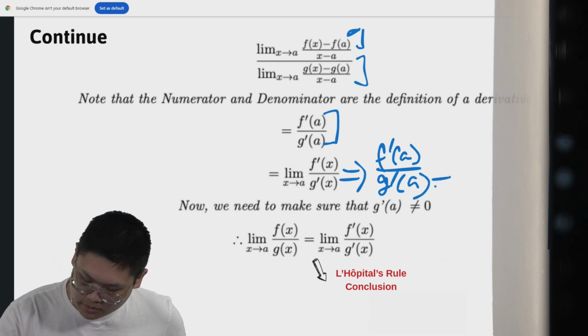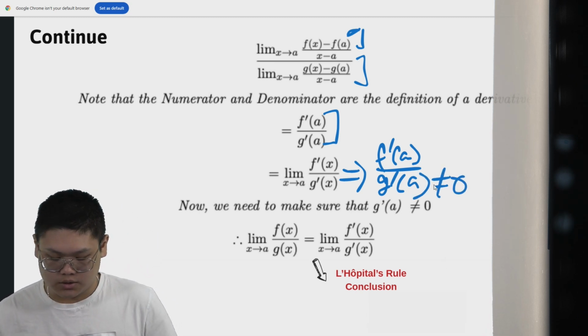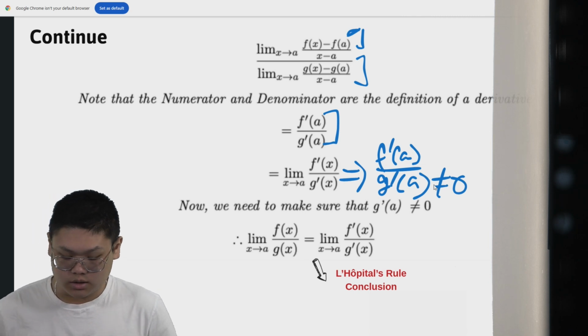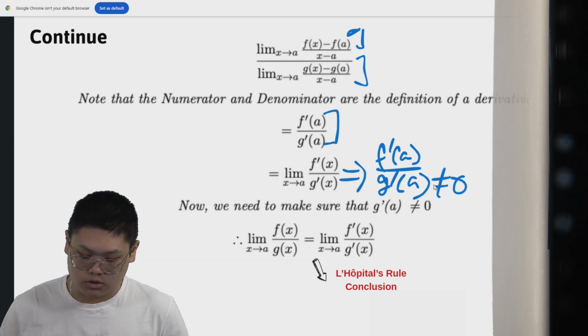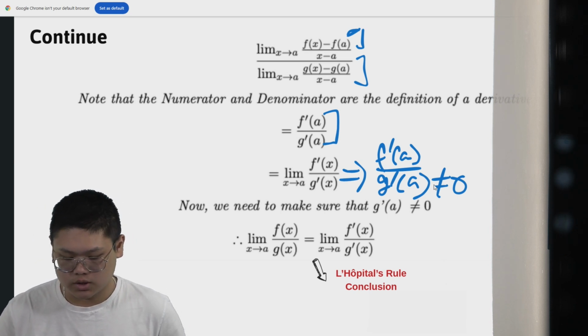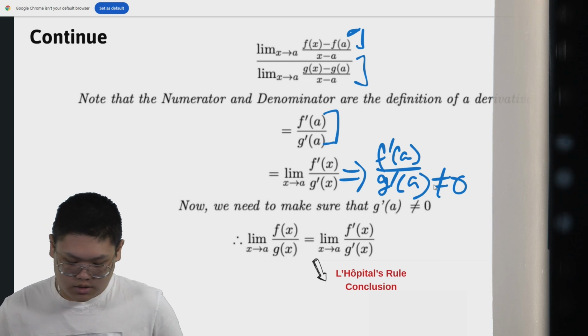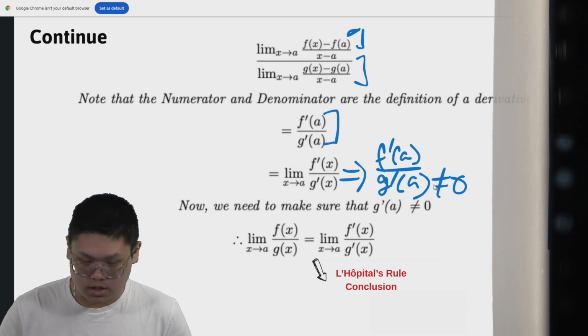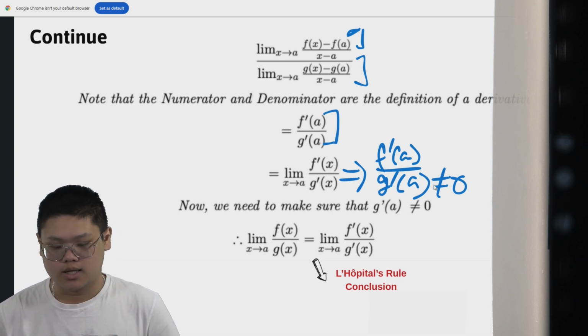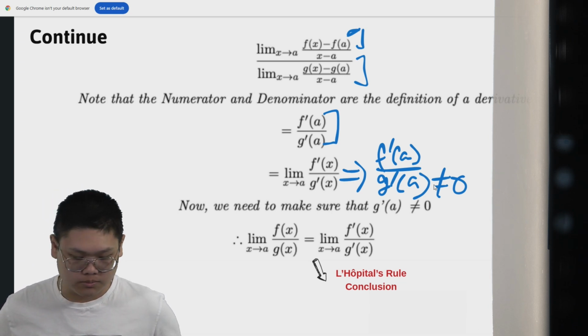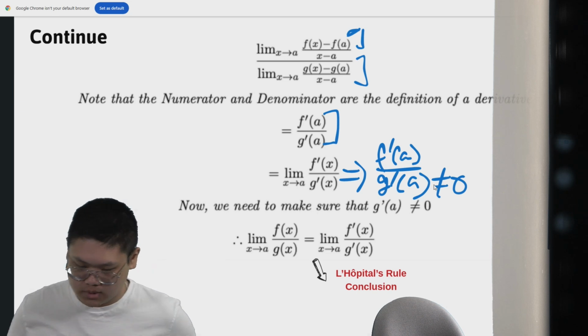And we need to make sure that g prime of a doesn't equal 0, because that would result in an undefined function. Unless it's 0 over 0, then since we said that f prime and g prime are continuous, you could reapply L'Hopital's rule. Therefore, the limit as x approaches a of f over g is equivalent to the limit as x approaches a of f prime over g prime. And I will hand it back to Nathan.